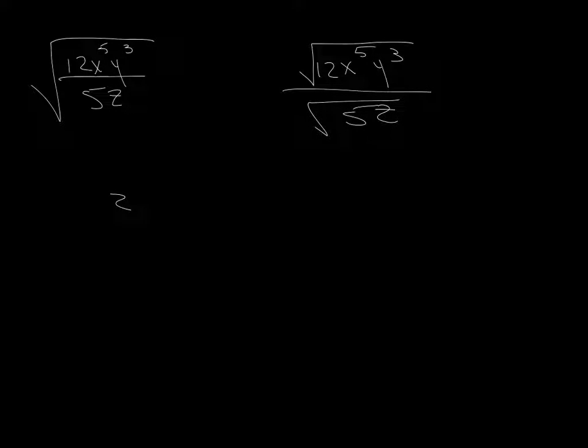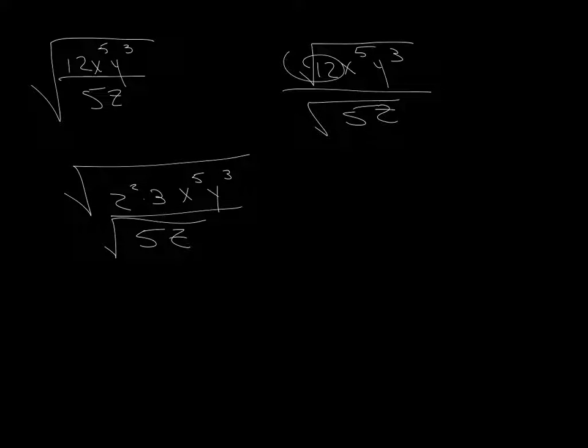reduce that 12 to 2 squared times 3, because 12 is 2 times 2 times 3. So I always like to do that if I can, get it down into its prime factors, and like I say, the 5 is already a prime number, so you don't have to do anything there. And then my index is 2.